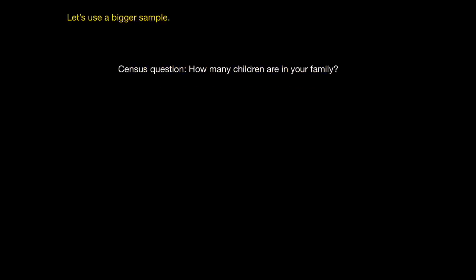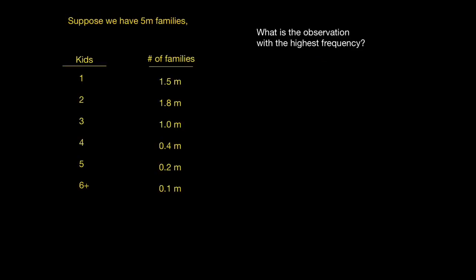So let's take a look at an example. Let's use a bigger sample, such as a census question, saying how many children are in your family. And let's suppose that we have 5 million families. So here, these are the kids, and here's the number of families. So 1.5 million families had 1 kid, 1.8 million families have 2 kids, and so on and so on.